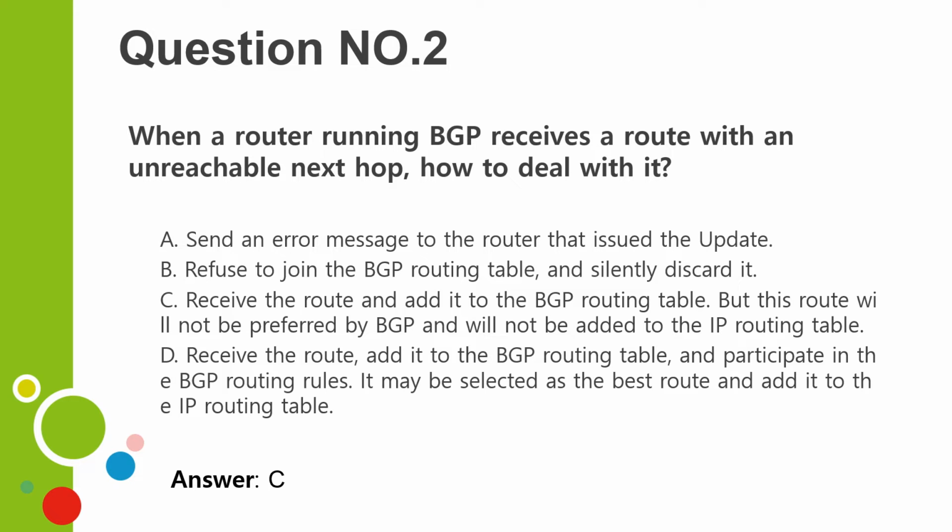But this route will not be preferred by BGP and will not be added to the IP routing table. D. Receive the route, add it to the BGP routing table, and participate in the BGP routing rules. It may be selected as the best route and add it to the IP routing table. Answer C.